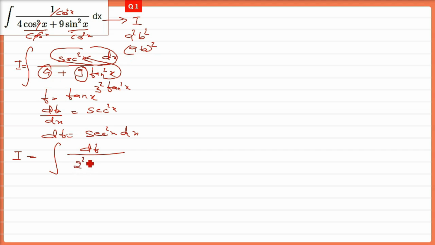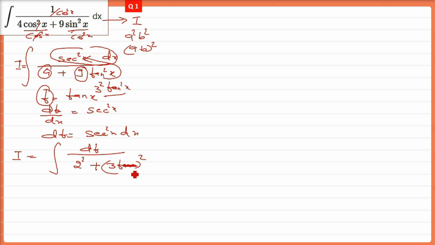So this 4, 9, 36, wherever they are, you must anticipate that it's going to be a square somewhere. You have to take a square somewhere. So 4 we have taken as 2 square. This 9 tan square x we have taken as 3 tan x whole square. Since we have already taken this t now, let's change this 9 tan square x to 3t square.